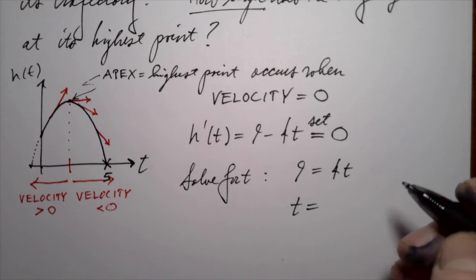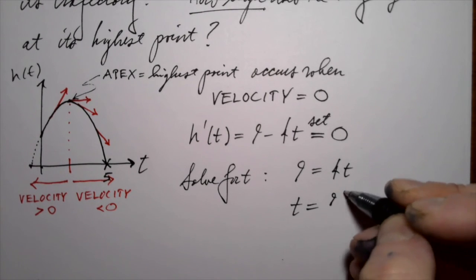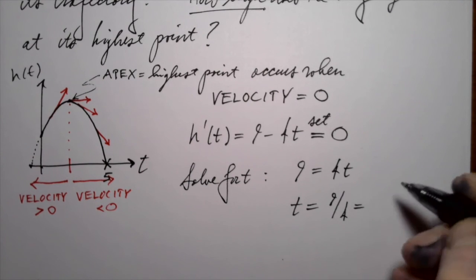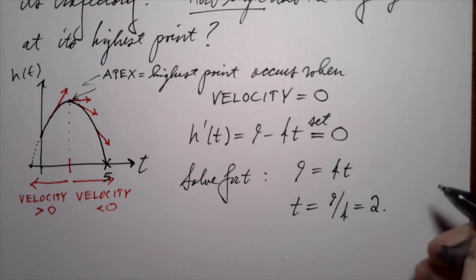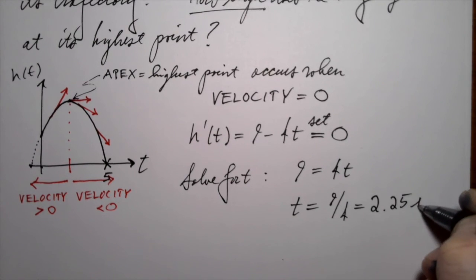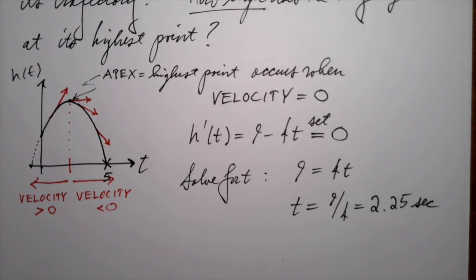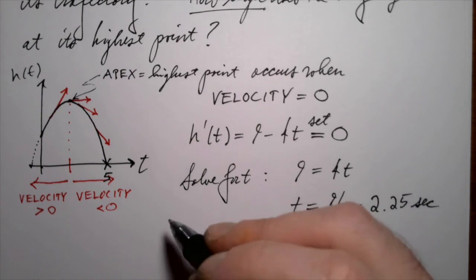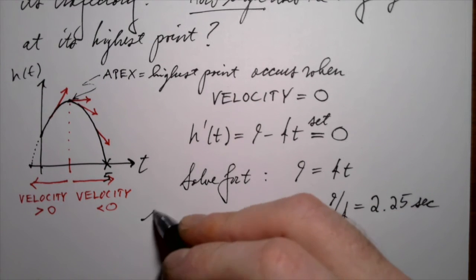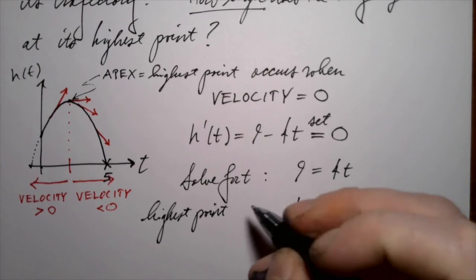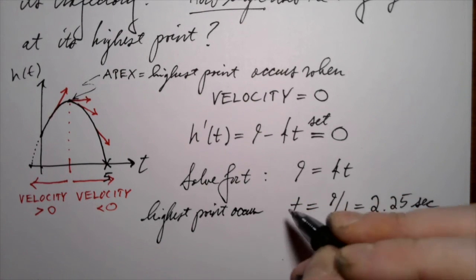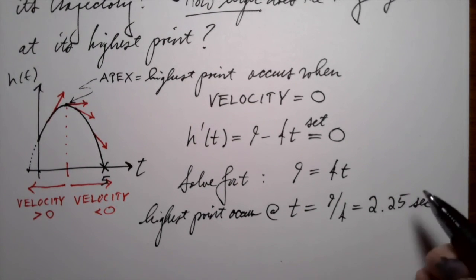And so dividing by 4, we see that t is equal to 9 over 4, which is 2 1/4, so that's 2.25 seconds. All right, so that answers the when. The highest point, the apex, it occurs at 2.25 seconds.